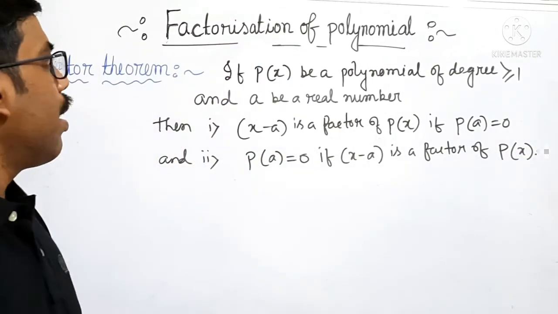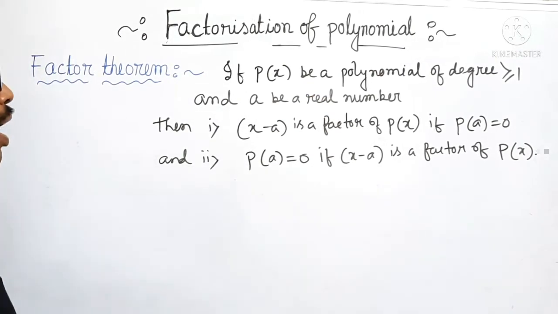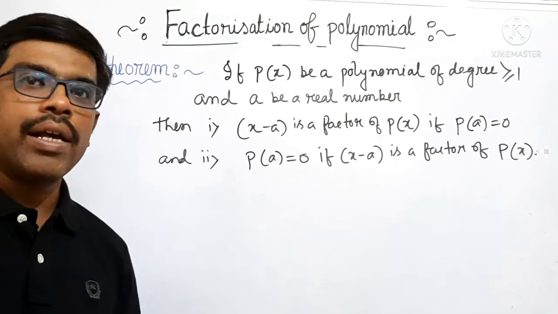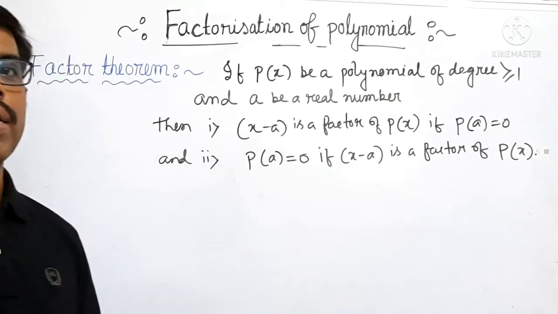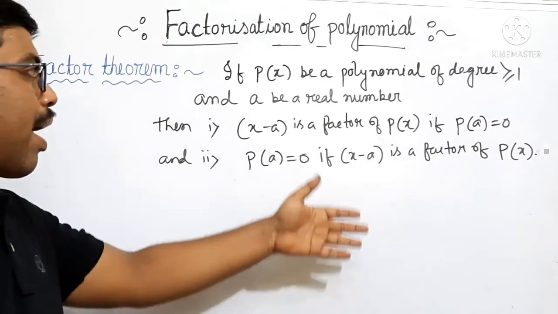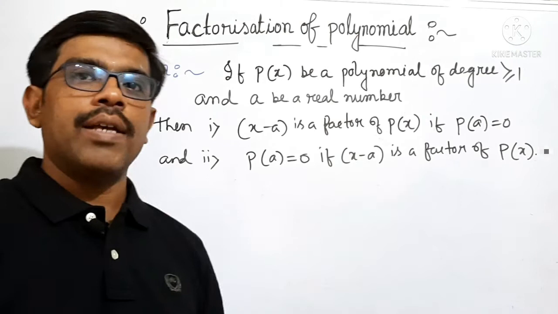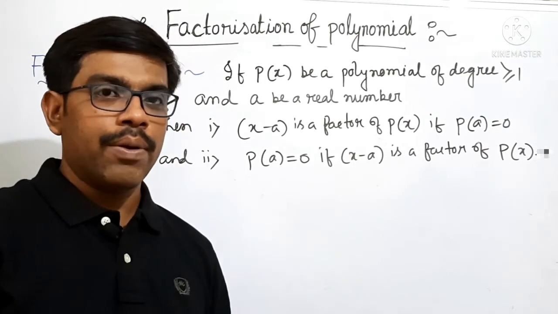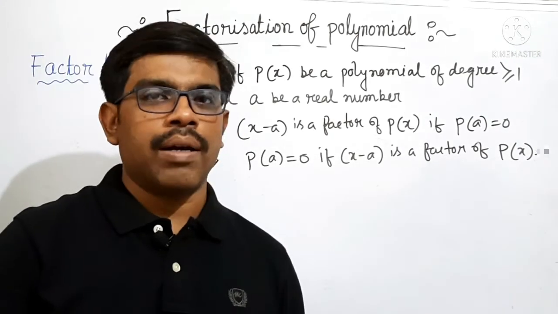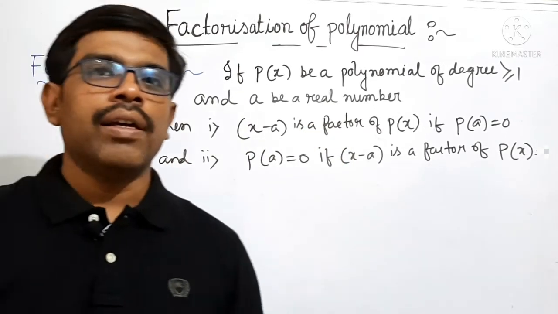So if P(x) be a polynomial of degree greater or equal to 1 and a be a real number, then x minus a is a factor of P(x) if P(a) is equal to 0. Okay, and the converse theorem is if P(a) is equal to 0, then x minus a is a factor of P(x). Okay, now if we will do some sums on the basis of factor theorem, I think then your conception will be clear.